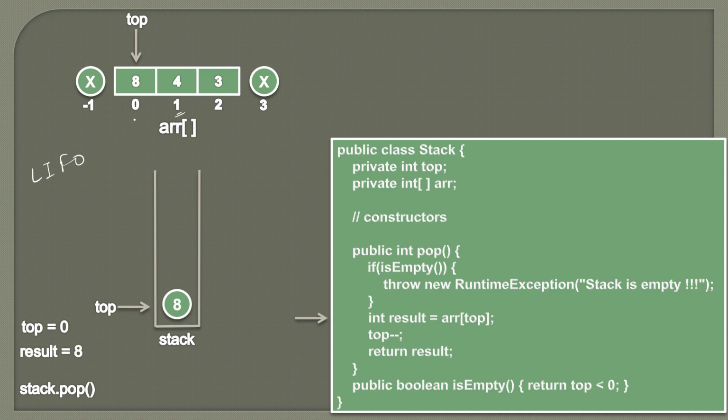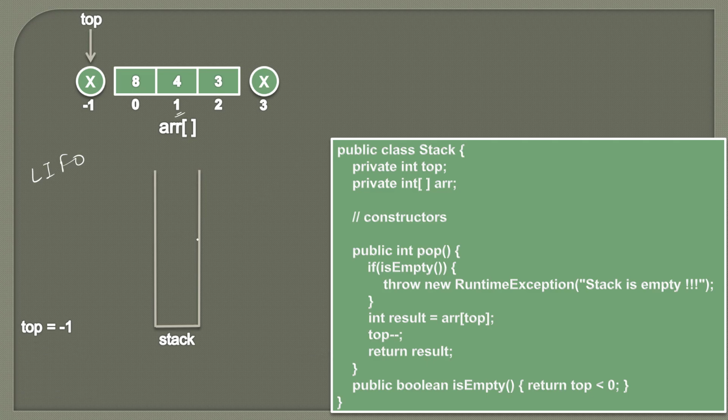So result will have value 8. We decrement top. Top becomes -1 like this, and it looks like 8 is popped out from the stack and top is pointing to -1, and at the end we return result as 8, that 8 is popped out from the stack.